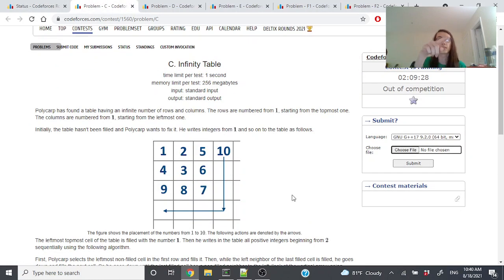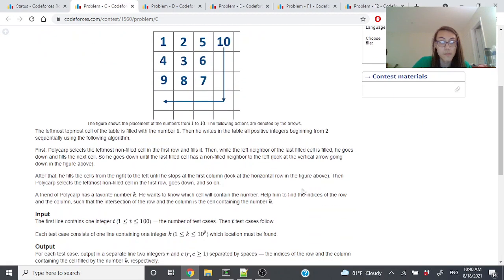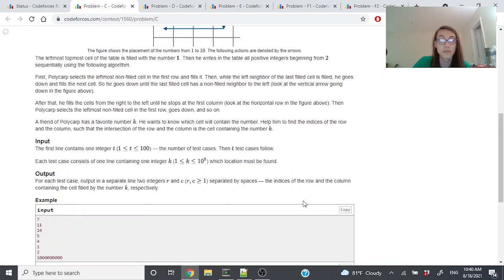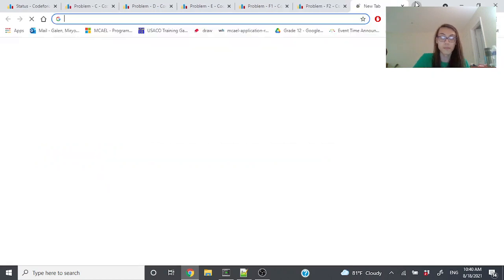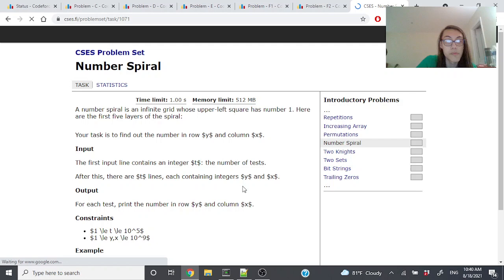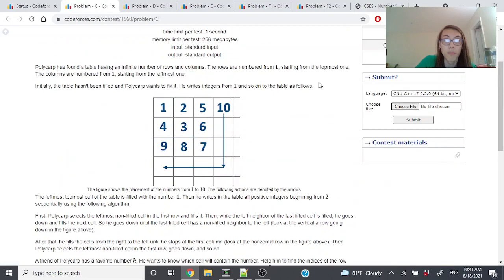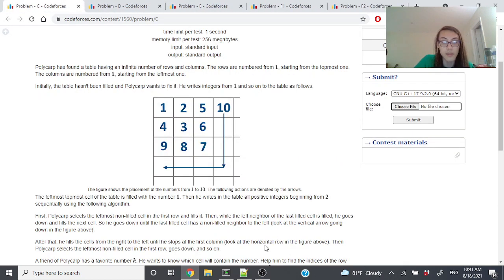Infinity table. Okay, so like that. Right, so it's basically number spiral. Yeah, this is literally a problem on CSES. That's awesome. Maybe it's reversed? Oh yeah, it's even easier. Okay.